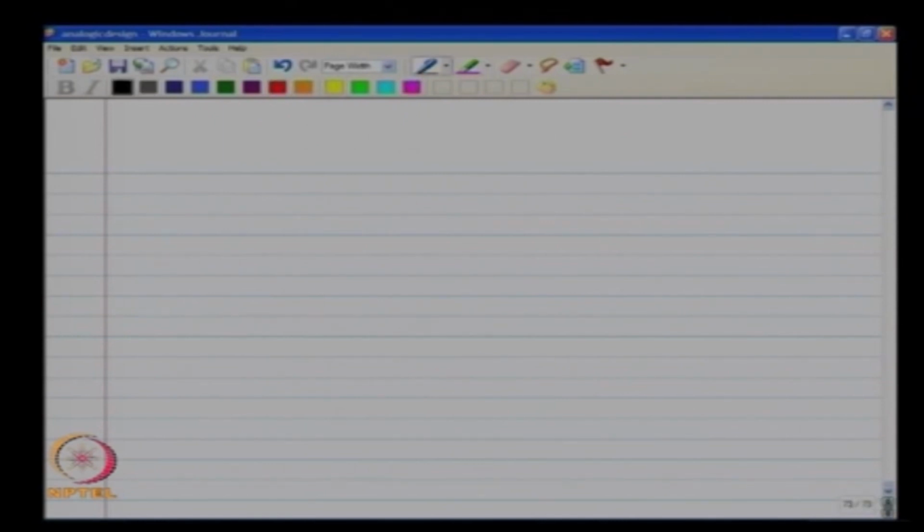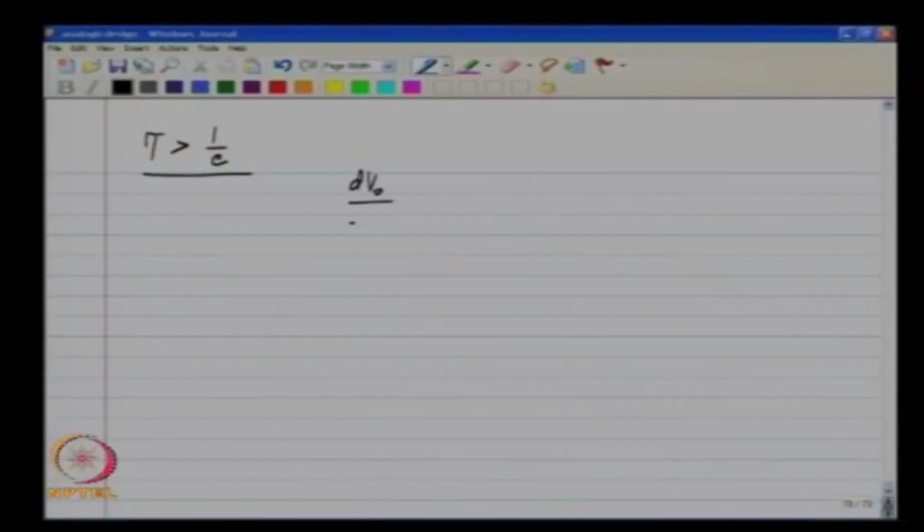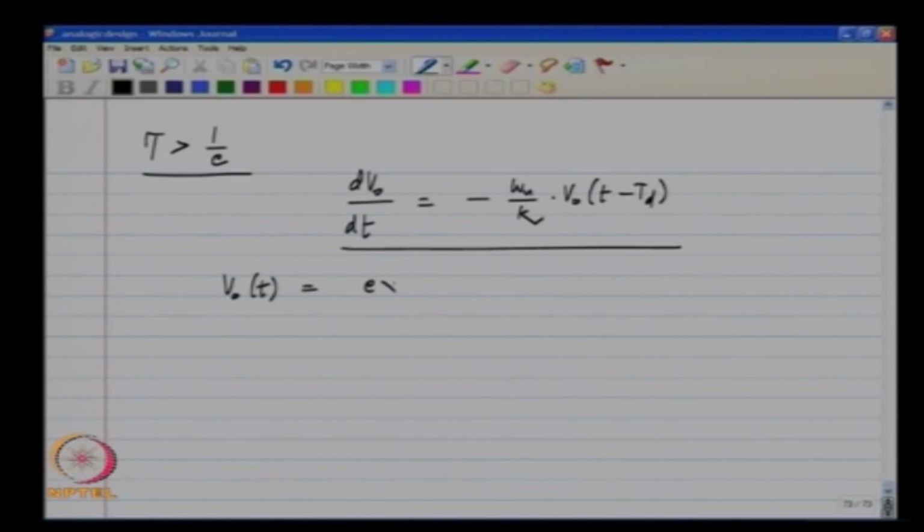Now, we will examine what happens when tau is greater than 1 by e. The differential equation, of course, is still the same. The only thing is, earlier we assumed a solution of the form exponential of sigma t with a real coefficient in the exponent.